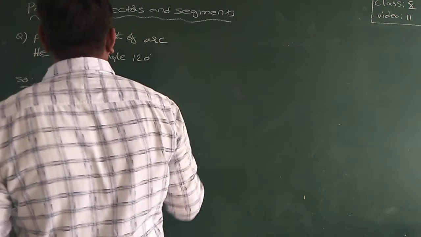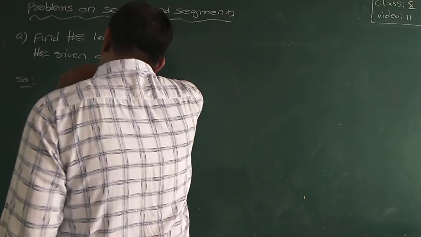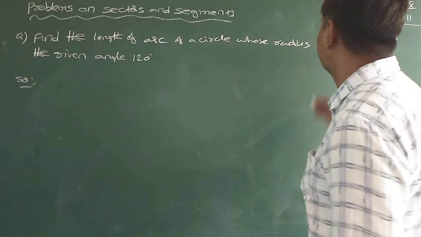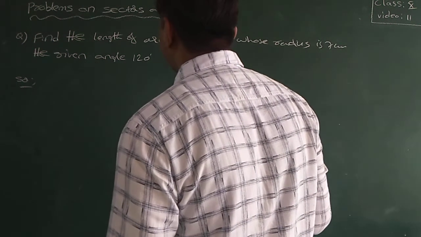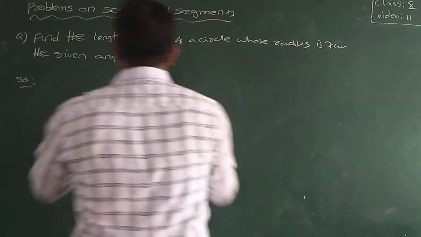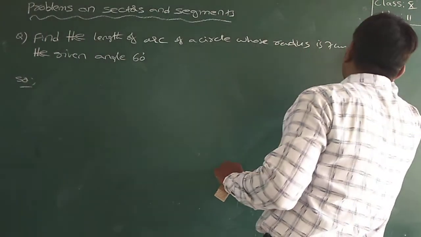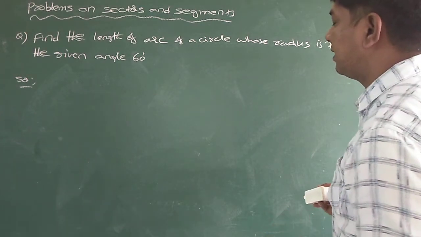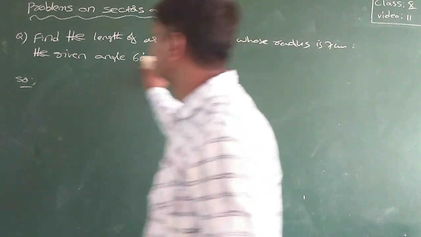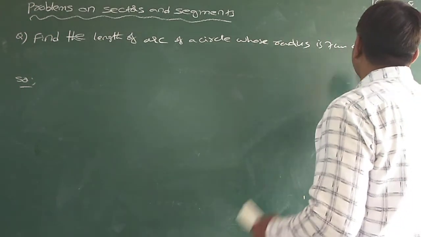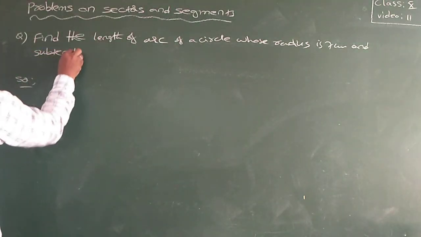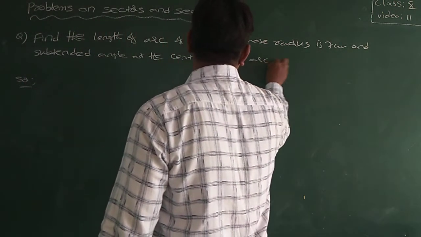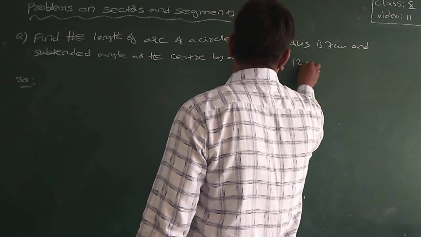Find the length of the arc of a circle whose radius is 7 centimeters and the arc subtended angle at the center is 120 degrees.